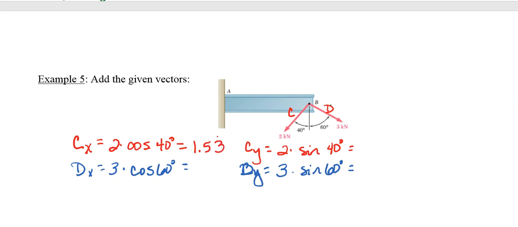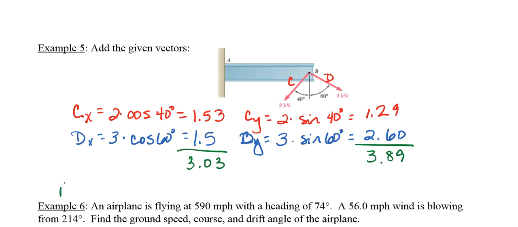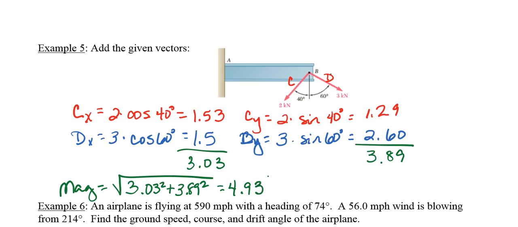1.53, 1.29, 1.5, 2.60, 3.03, 3.89. Square root of 3.03 squared plus 3.89 squared, square root that, 4.93 for our magnitude.